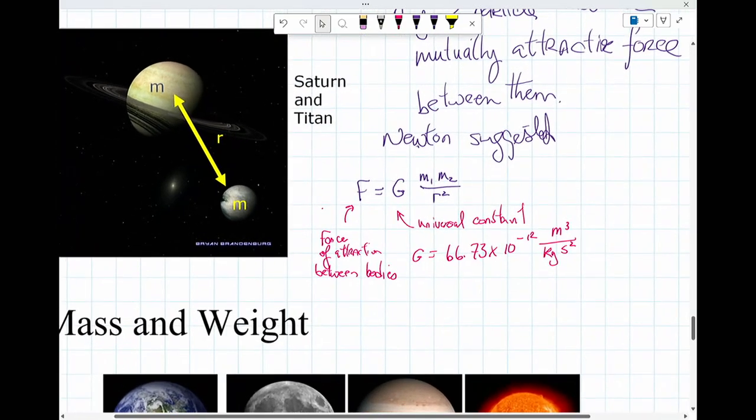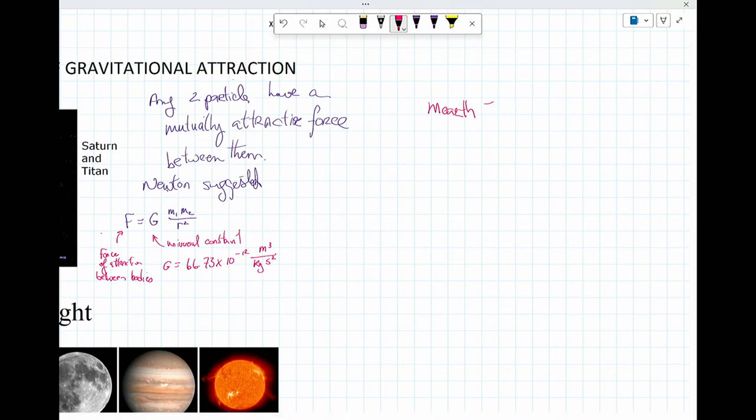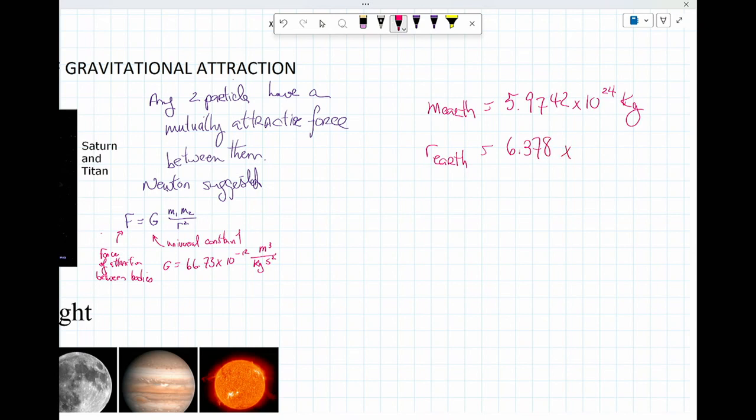So it's useful to look at where all of these terms are. Mass of the Earth is equal to 5.9742 times 10 to the 24th kilos. Radius of the Earth is equal to 6.378 times 10 to the 6th meters.